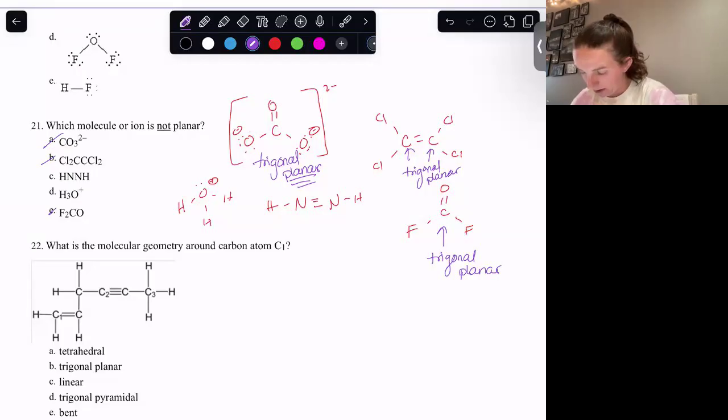I think that's the shape for HN. Math real quick. 10, 12. 1, 2. I think that's right. I don't know.